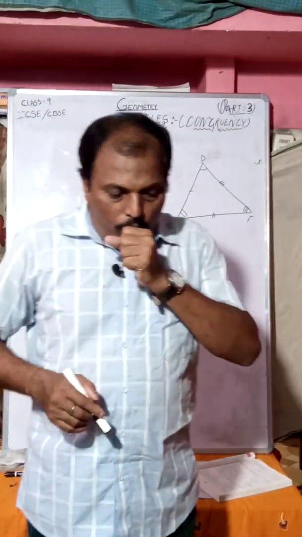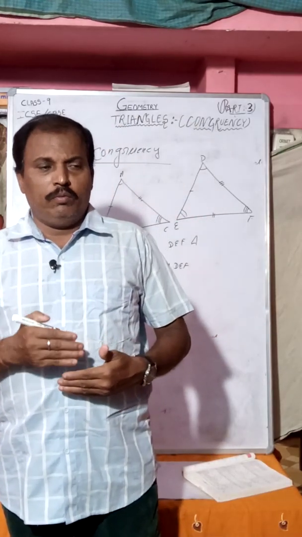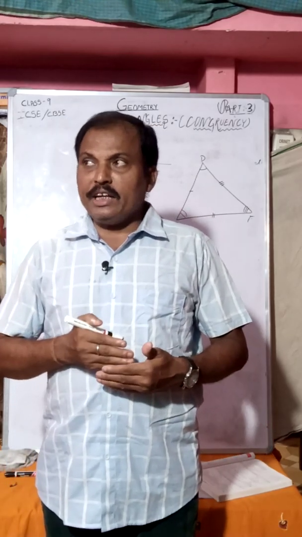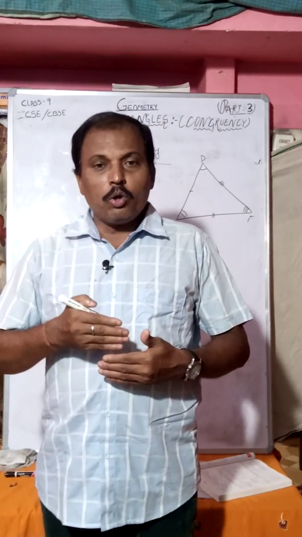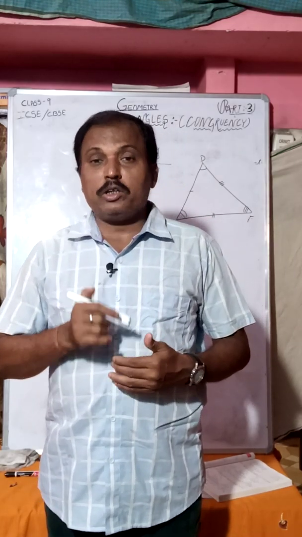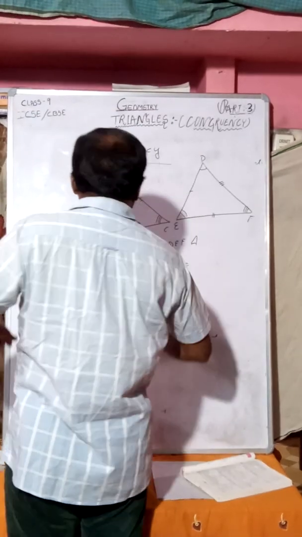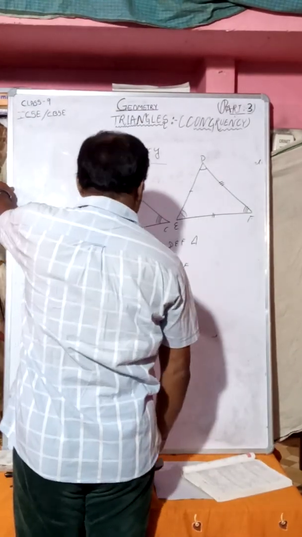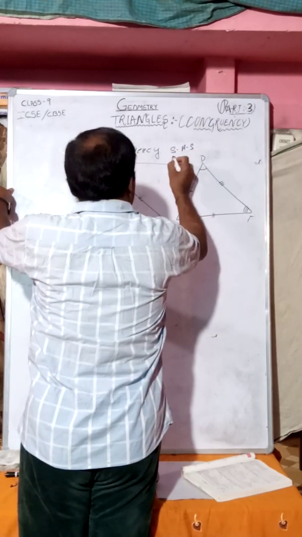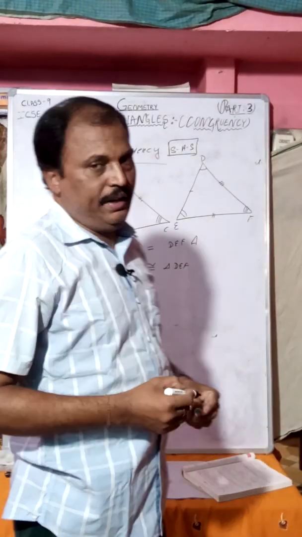But here there are some propositions, otherwise called theorems, about congruency. What are the conditions of congruency? The first condition is SAS, side angle side.